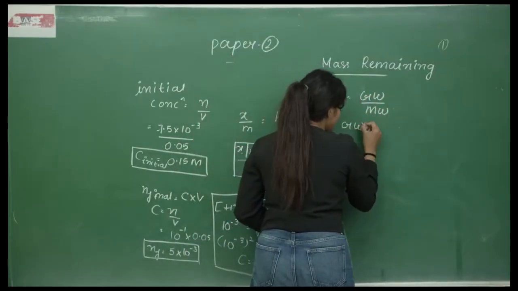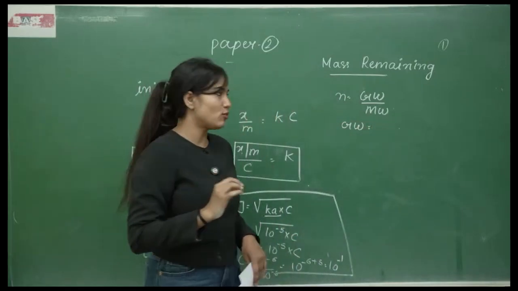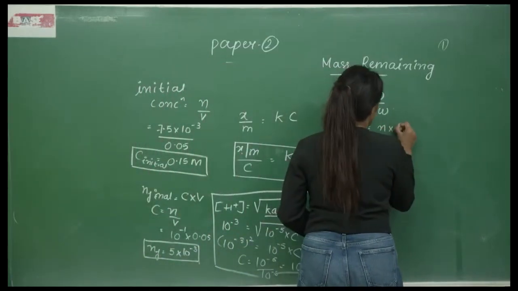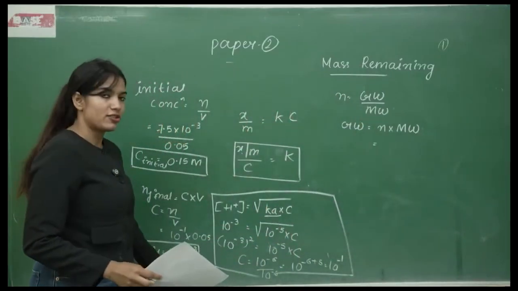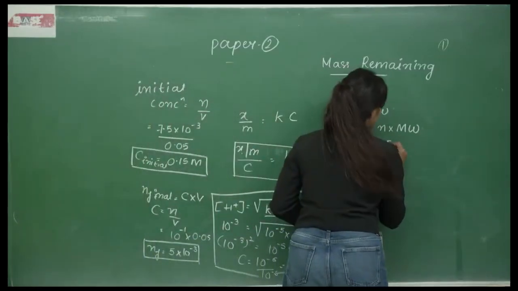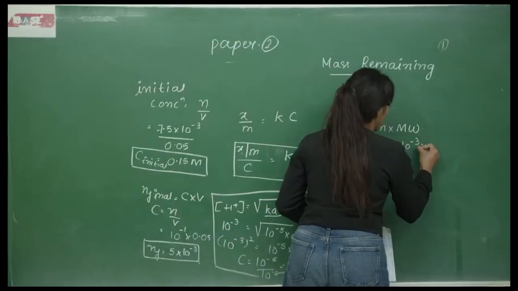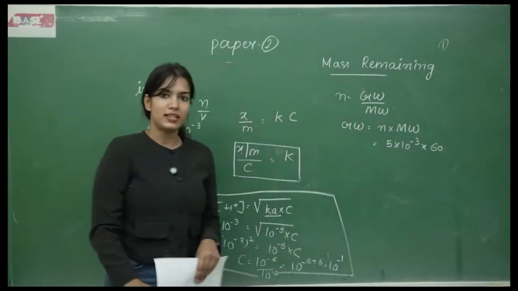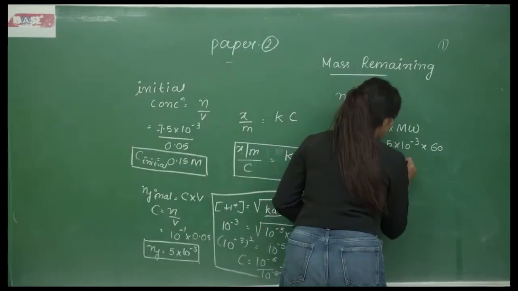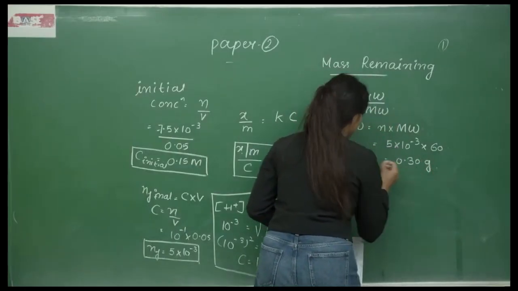So we have to find the given weight. That is number of moles into molecular weight. So the number of moles we got is 5 into 10 raised to the power minus 3, and the molecular weight is 60 for acetic acid. If we multiply these two values, we get 0.30 grams.